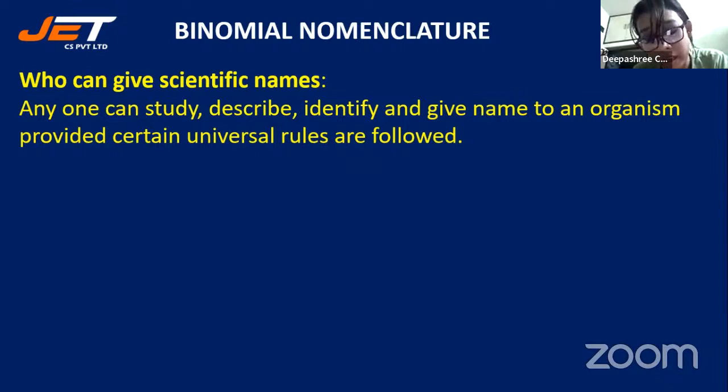If you are a scientist who has discovered a new organism, you will give the scientific name and report it to a code like ICBN or ICZN, and they will approve that yes, you can name this organism this. Yesterday we didn't read about the rules. Today we are learning about the rules.